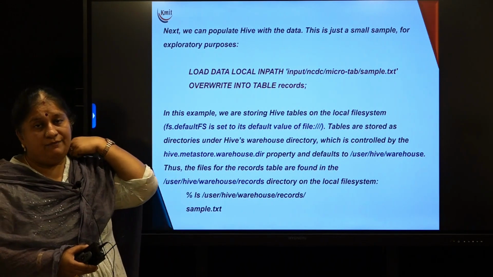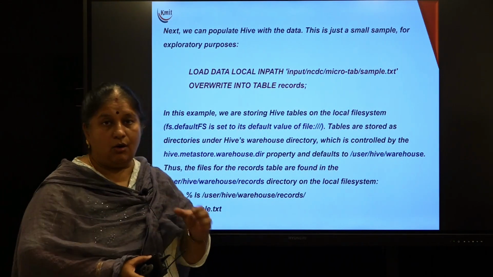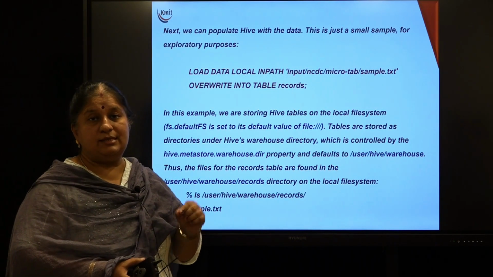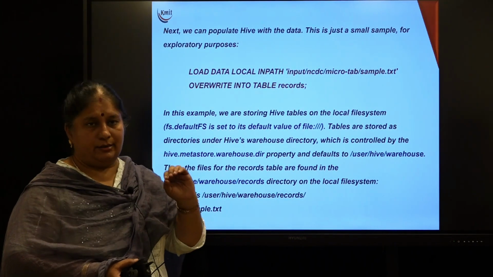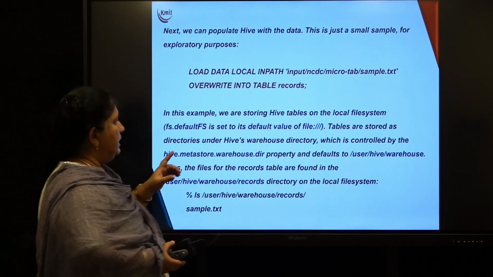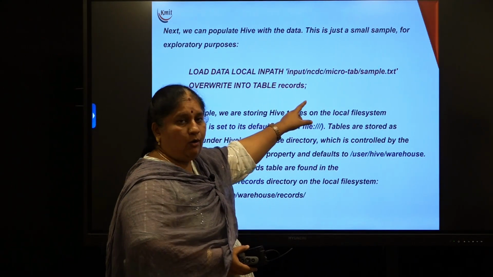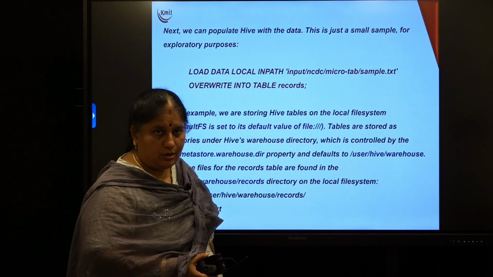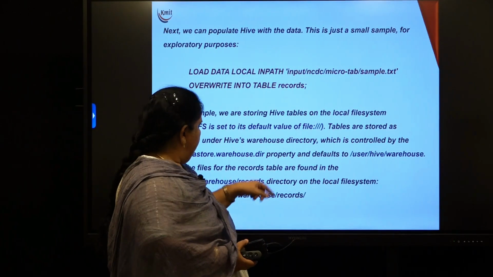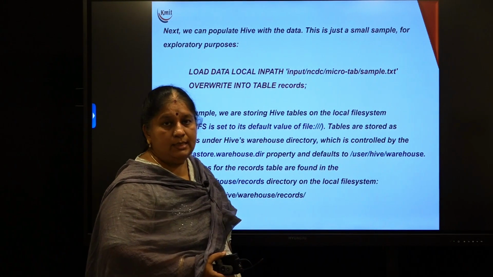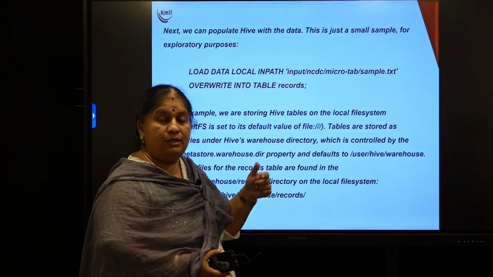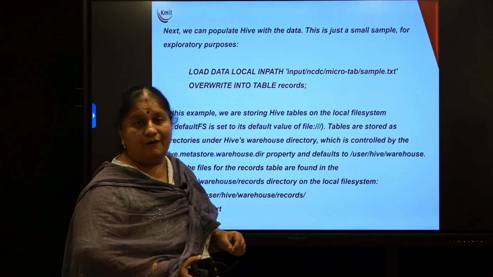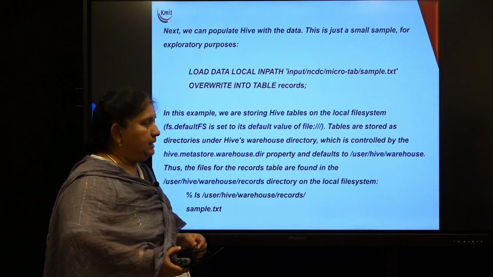Whatever name we have given to the table, records, that will be stored as a directory. It will be a folder, right? What is the name of the table? Records. So in the file system, you will find a folder called records. Into that, which data are we loading? Sample.txt. So in the folder, you will find a file called sample.txt.